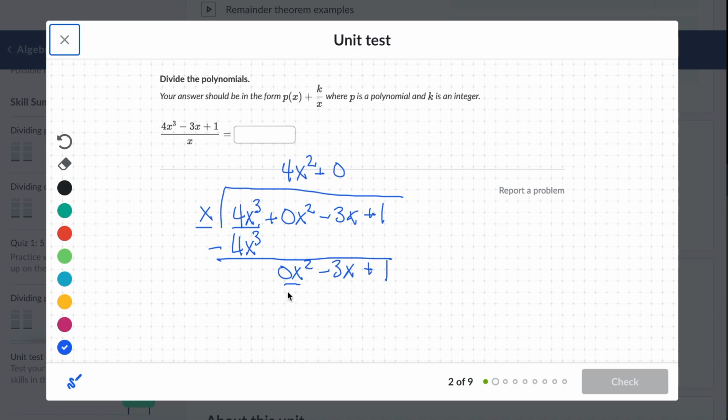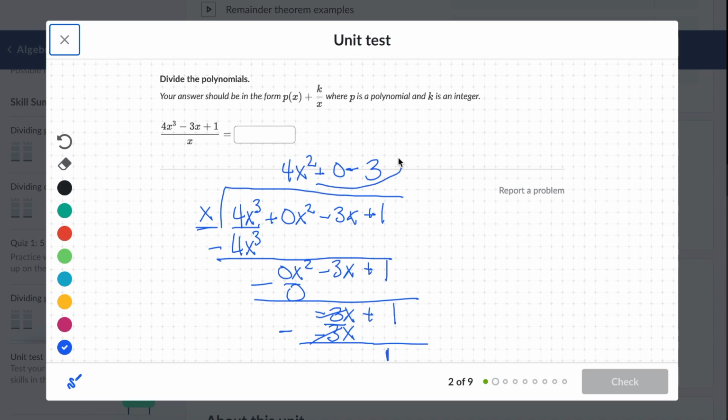So 0 times x is going to be 0. 0 minus 0 is 0. And we'll just bring down everything else. Negative 3x divided by x is -3. -3 times x equals -3x. Subtract. These cancel out, and then you're just left with 1 as your remainder.